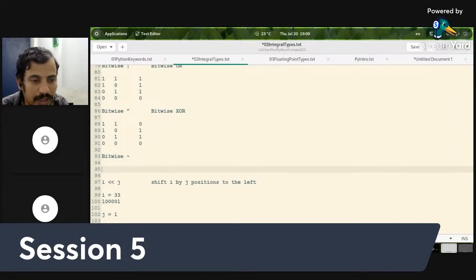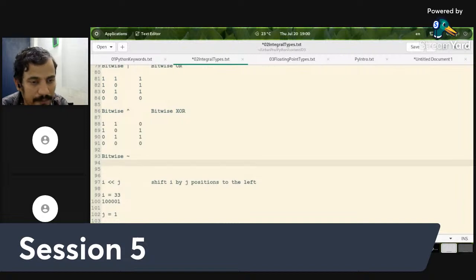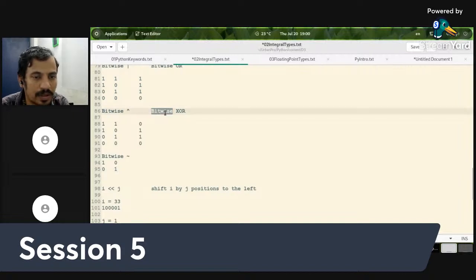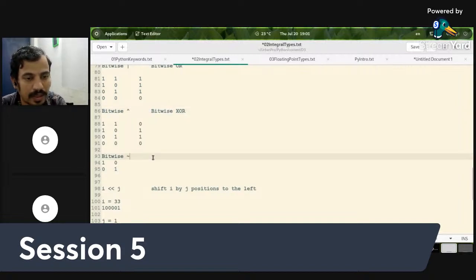Because it is a unary operator, if the bit is 1, the result will be 0. If the bit is 0, the result will be 1. Just complement. So this is also called bitwise complement.